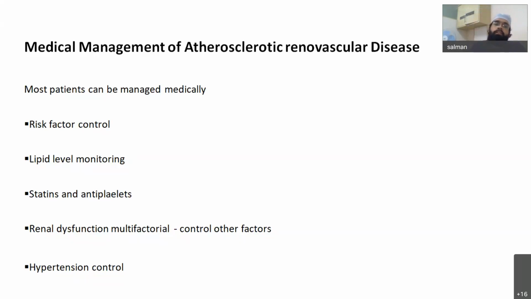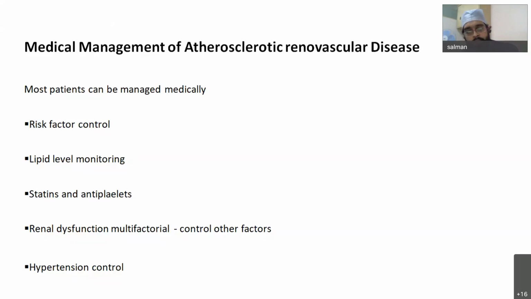In the medical management of atherosclerotic renal vascular disease, the first and most important thing is primary prevention, which is risk factor control by exercise, smoking cessation, nutrition, and weight loss. Lipid levels should be monitored, and LDL cholesterol and triglycerides, if they are high, should be treated and controlled.